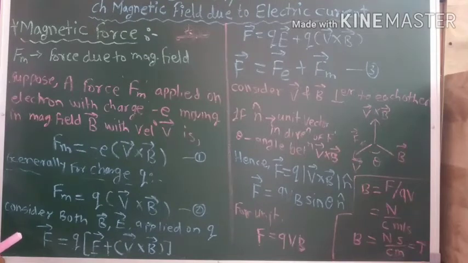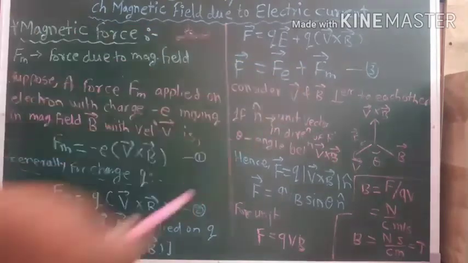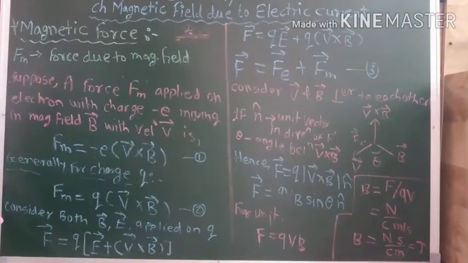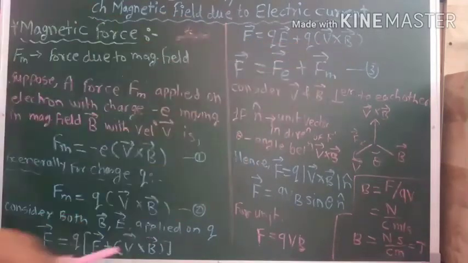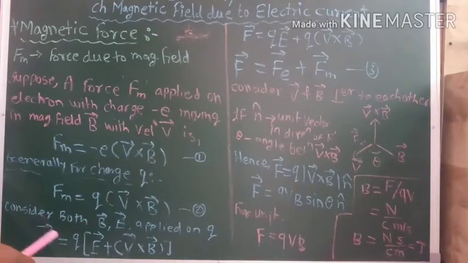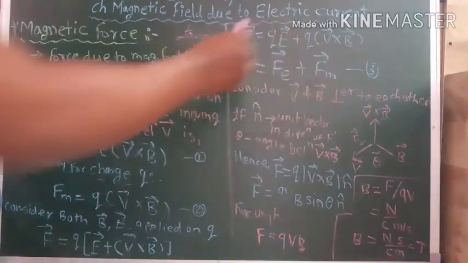Fe bar is the force due to the electric field, and Fm bar is the force due to the magnetic field. If the velocity v bar of the charged particle is parallel to the magnetic field, the magnetic force is 0. When the v is parallel to the B, then the magnetic force is 0.